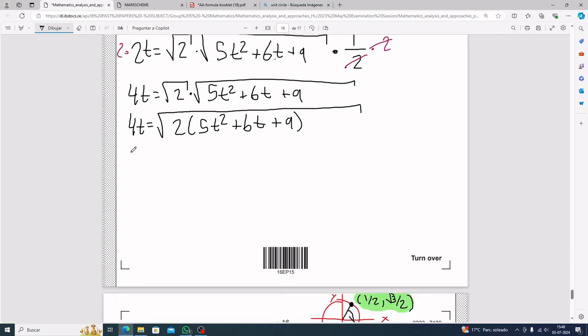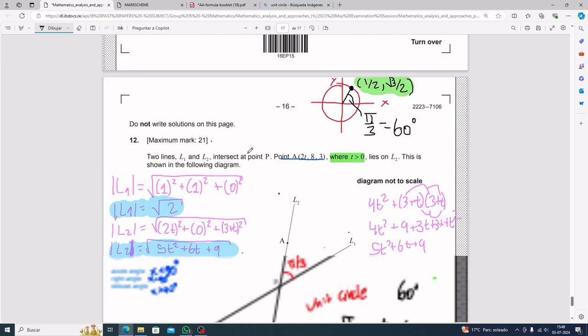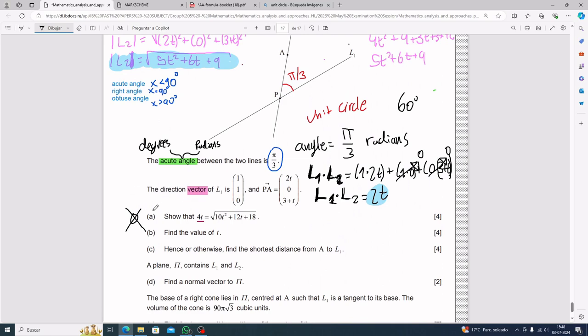That means that 4t has to equal square root of 2 times the 5t squared, so 10t squared, plus 2 times the 6t, so 12t, plus 2 times the 9, which is 18. And now, ladies and gentlemen, we have something awfully similar, if not the same, to part A.